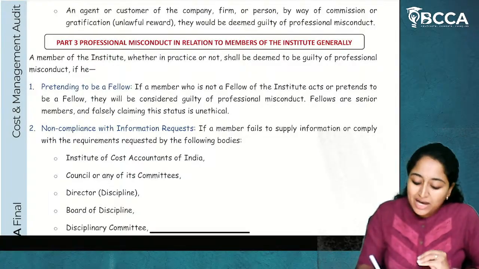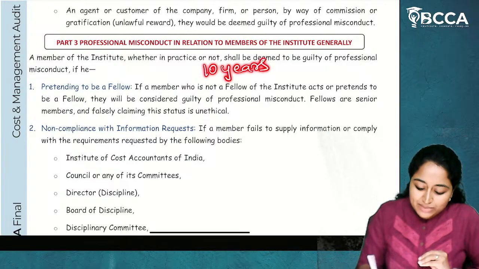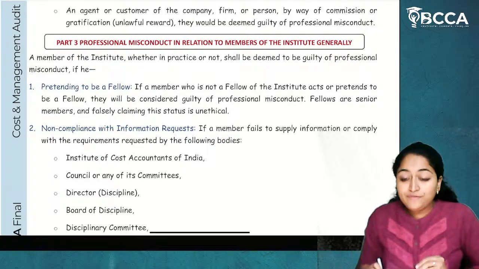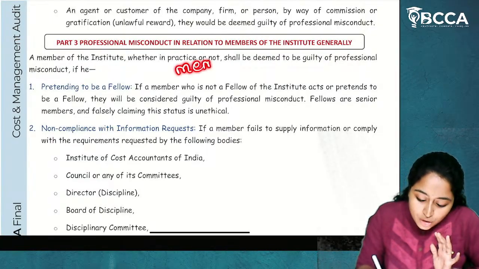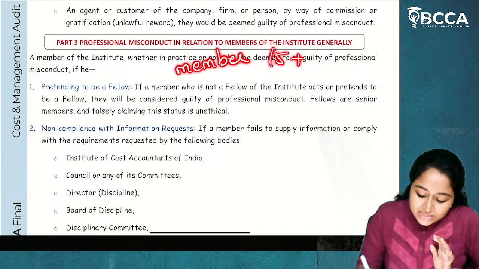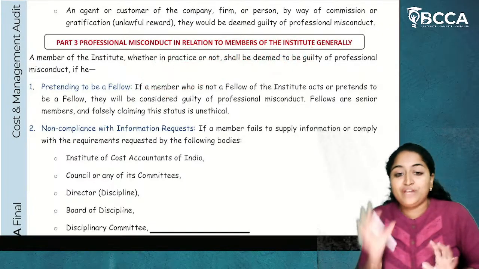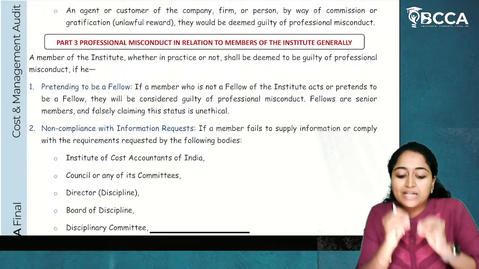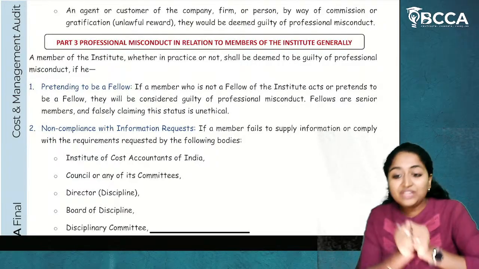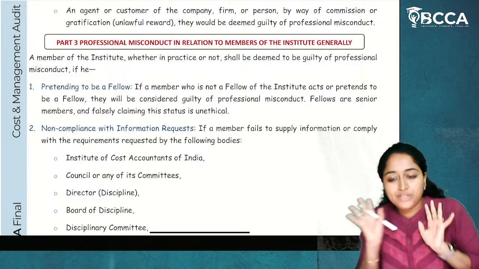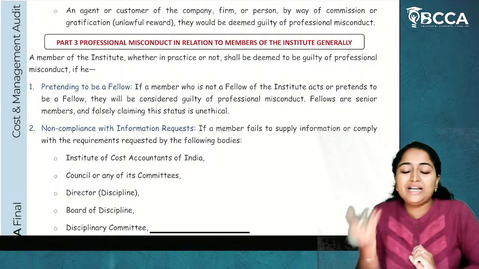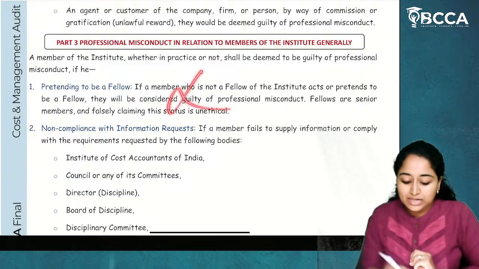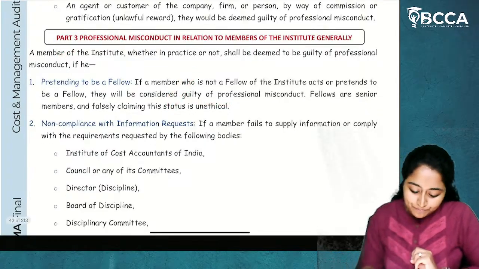If you have 10 years of experience, then you can become a fellow member, or if you are acting as a member of institute for 5+ years, then you will be called a fellow member. So if you have that kind of experience and that fellow membership, then you have to tell it that you are a fellow member. Other than that, if you are claiming to be a fellow member even though you are not a fellow member, that is a professional misconduct as per part 3.